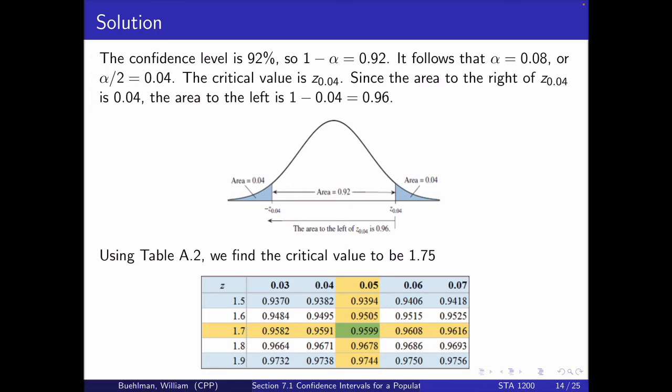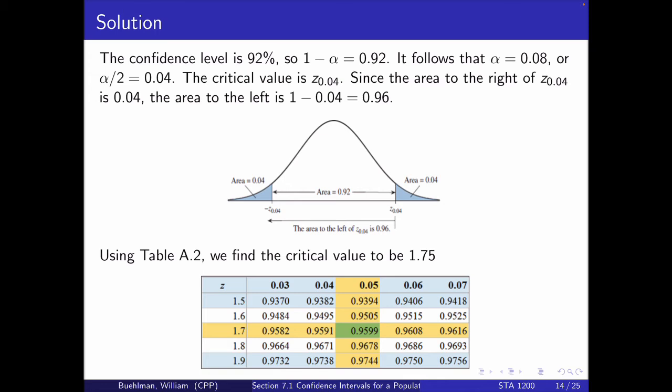The critical value is z sub 0.04. The area to the right of z sub 0.04 is 0.04. The area to the left is 1 minus 0.04, which is equal to 0.96. Here is a graph of that. Using table A2, we can find the critical value to be 1.75.